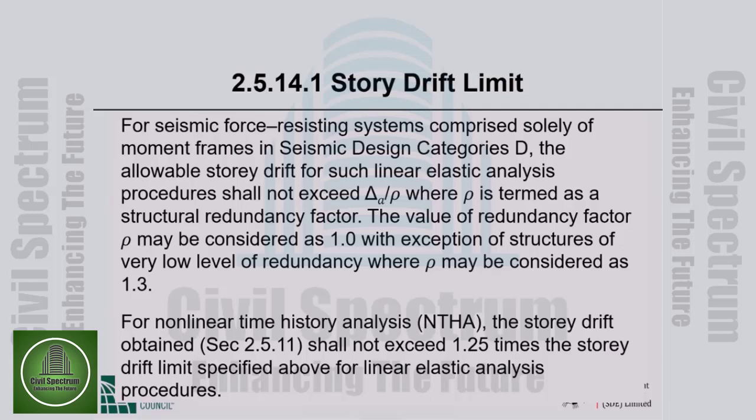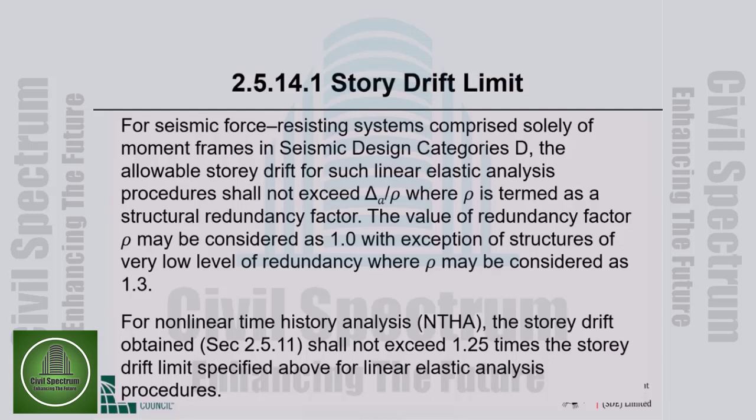What it says is rho is termed as a structural redundancy factor. The value of redundancy factor rho may be considered as 1, with exception of structures of very low level of redundancy where rho may be considered as 1.3. So this is very, very unspecific, and that's all I can tell you.